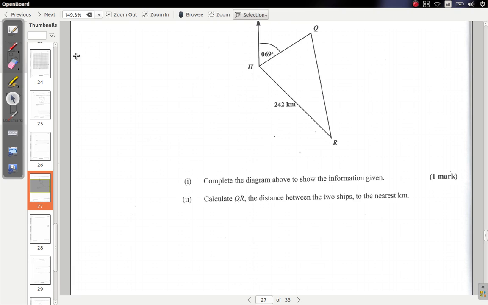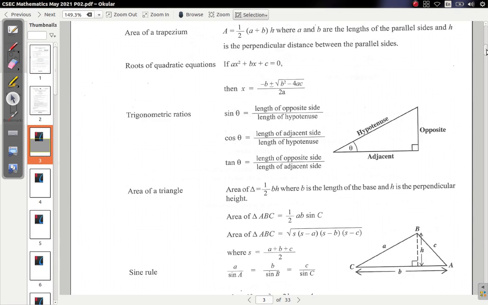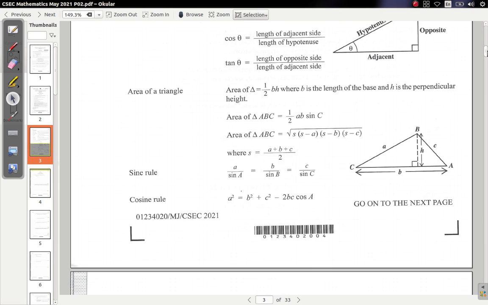If we look back at the formula sheet for the cosine rule, you're going to use sides B and C and the angle between them, this angle.